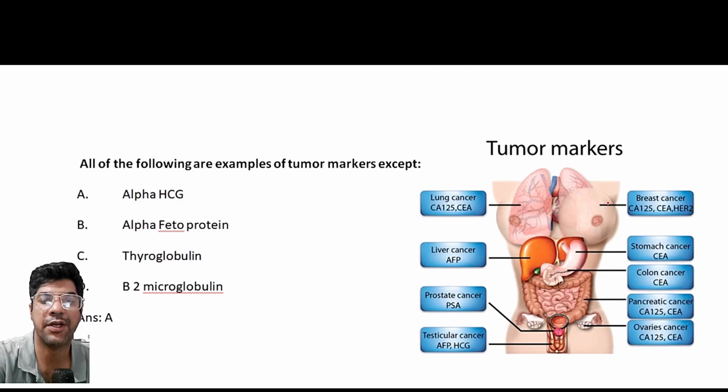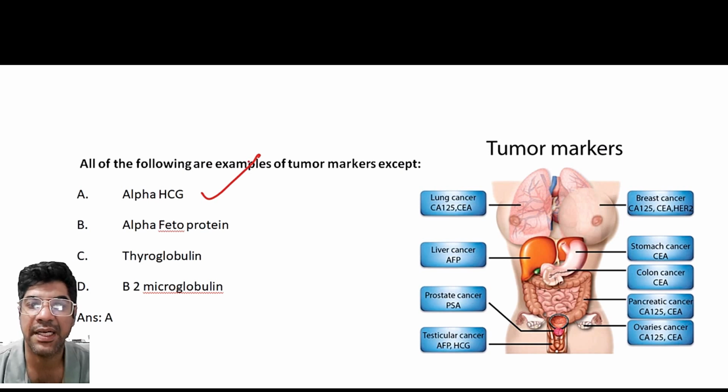All of the following are tumor markers except alpha HCG. HCG is a placental hormone. Alpha-fetoprotein, thyroglobulin and beta-2 microglobulin are commonly used tumor markers.